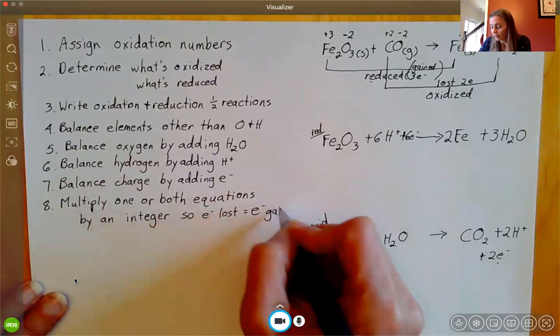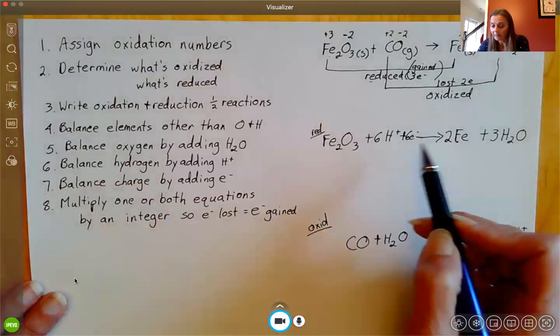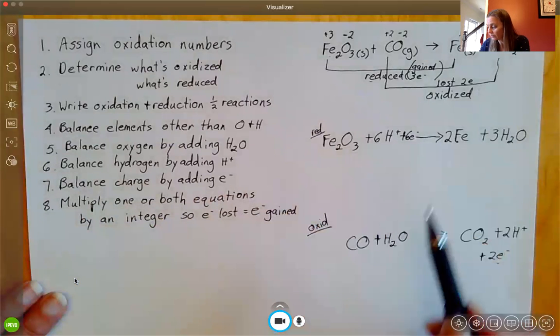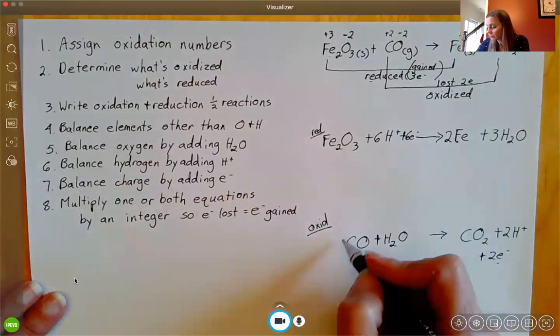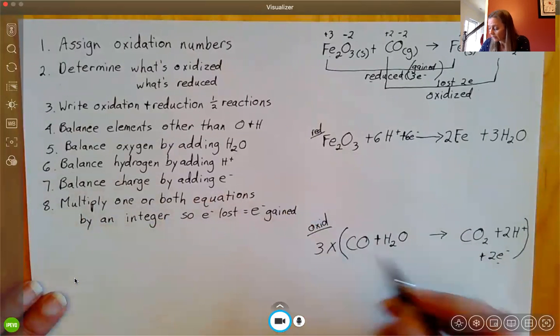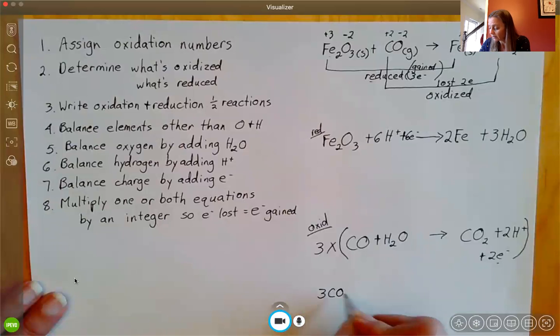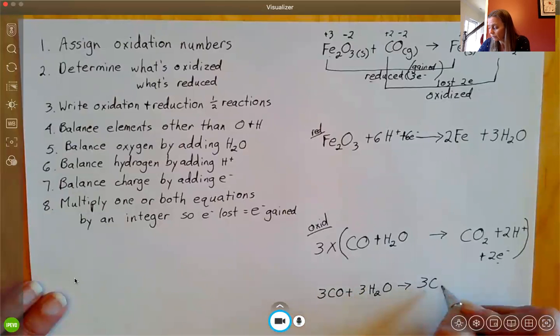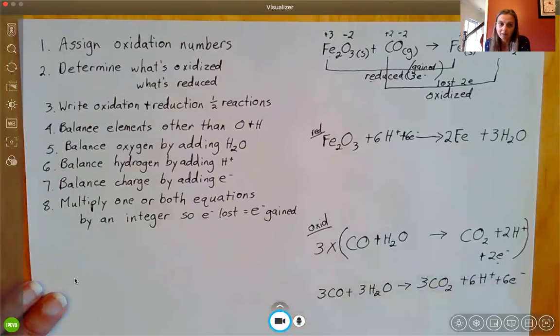All right, so if we look at our example here, we're gaining 6 electrons, we're only losing 2. So I'm going to multiply this whole equation by 3, so that then I have 3 carbon monoxide plus 3 water yield 3 CO2, carbon dioxide, plus 6 hydrogens plus 6 electrons. We're almost done.